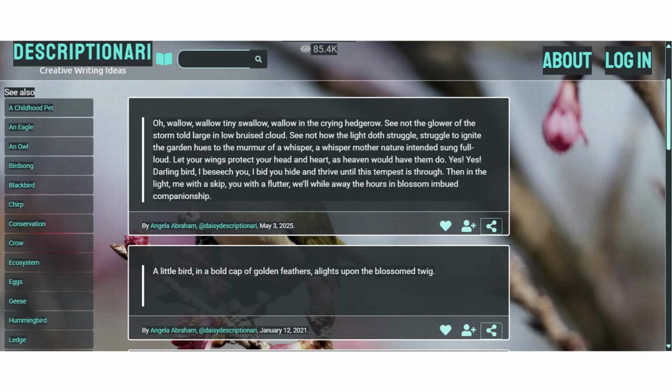In this description, there are multiple uses of repetition, and that repetition fits different styles. The most obvious one is, of course, in the first line. I've used the word wallow 3 times, and I've rhymed it with the word swallow.